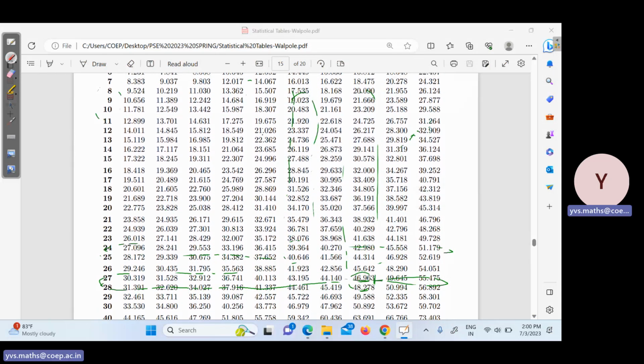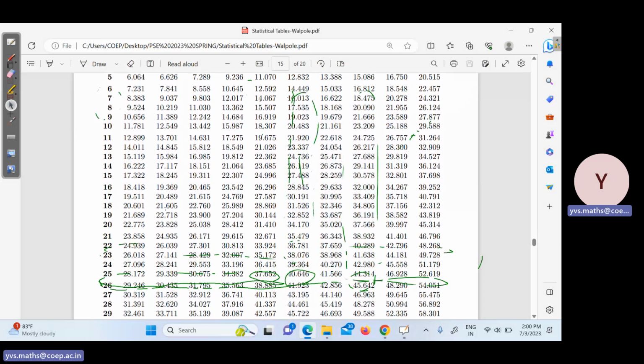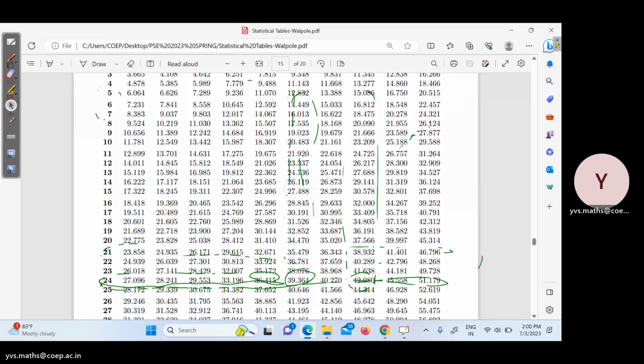So all of you just look at this row. Here, these are the two values, and in between these two values 41.175 lies. So you go up and find the corresponding alpha value. For 27 degrees of freedom, 41.175 lies between 40.113 and 43.195.